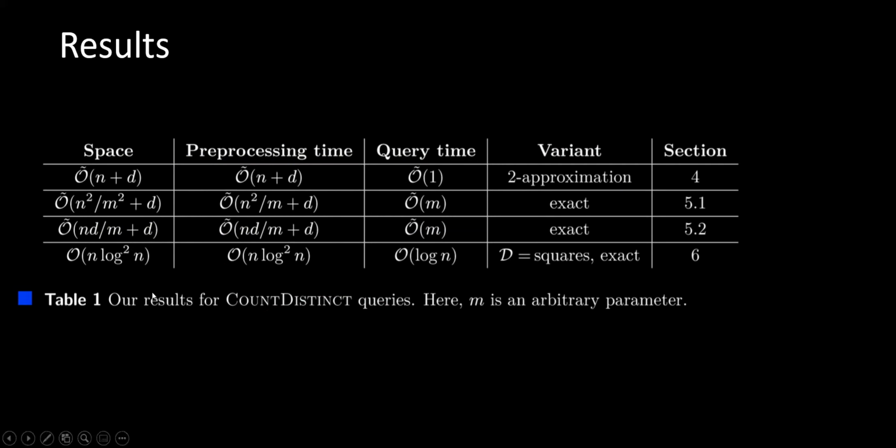Finally, we have considered a special case when the dictionary is all squares occurring in the text. This is interesting because when you consider runs, basically squares are the most basic form of periodicity.